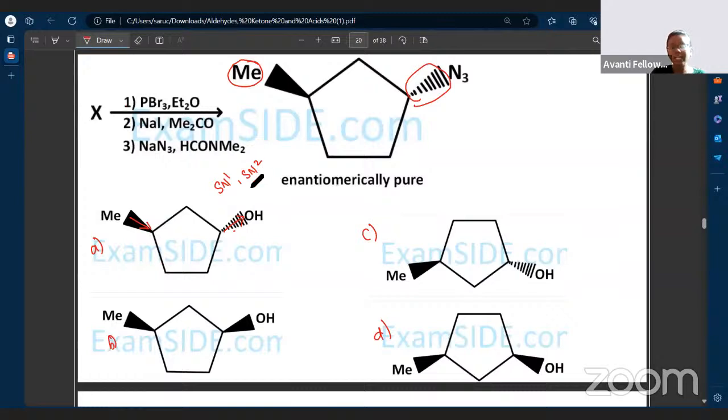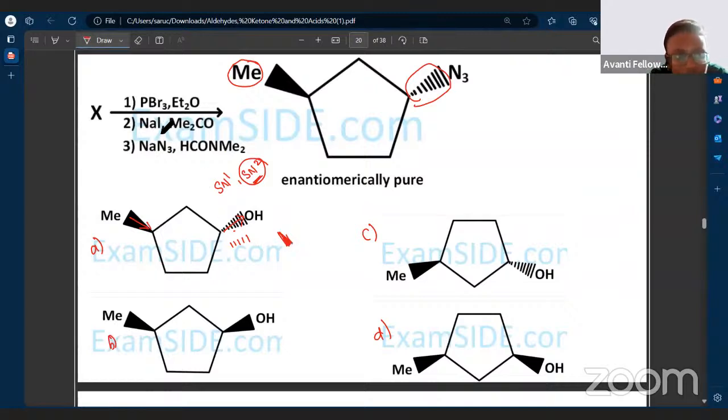When it undergoes SN2, will inversion or retention of configuration happen? Inversion. So this is away, and therefore what you have to get is towards.